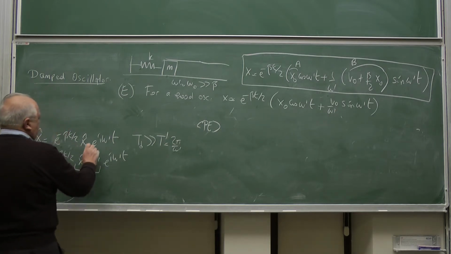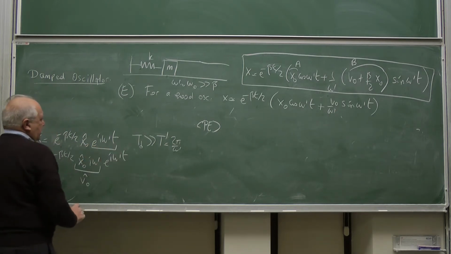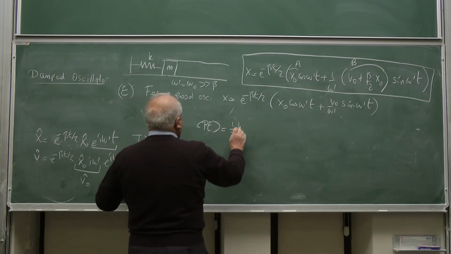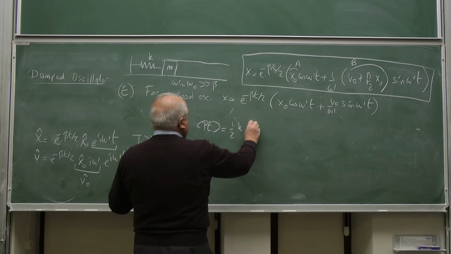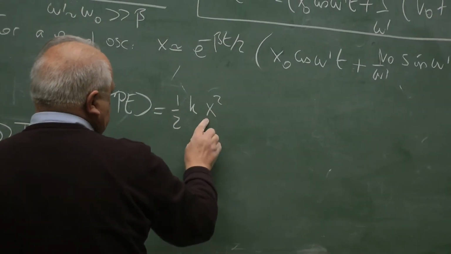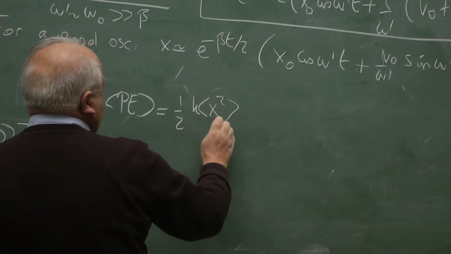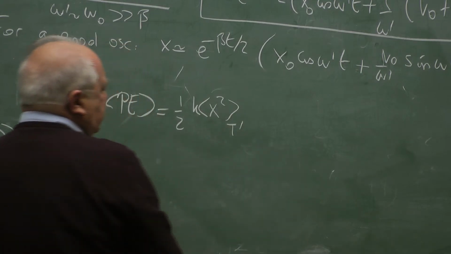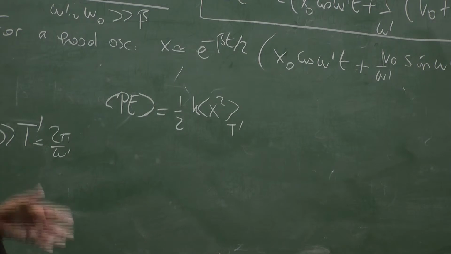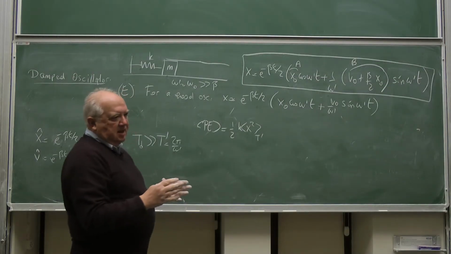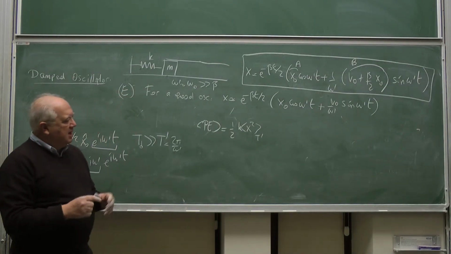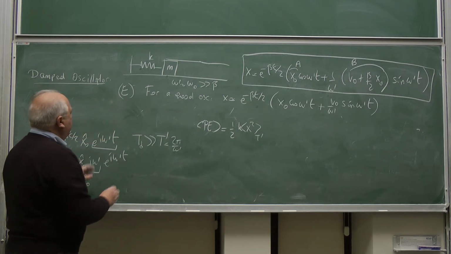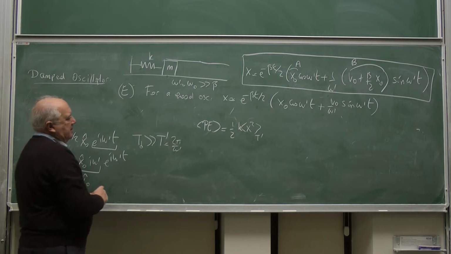So, what is harmonically varying is this. So, average is 1/2 k x squared. Remember, this is the physical, real x squared, time average. And of course, time average is over the T prime. And we assume T prime, that's our approximation of good oscillator, is very much shorter than the damping time Td. Okay?